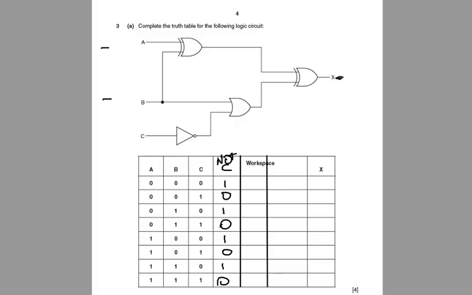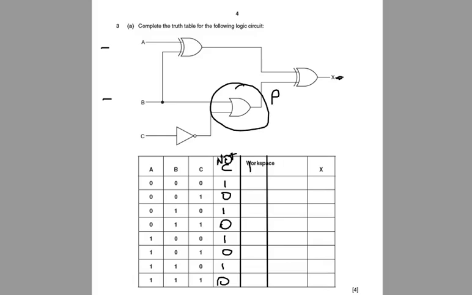Then we can move on and look at the next part. I'll probably do this gate here because that's a nice easy OR gate. If we do that column, we've got B or NOT C. We can write that on, and we'll give it a label.